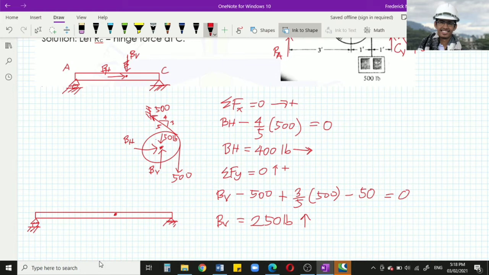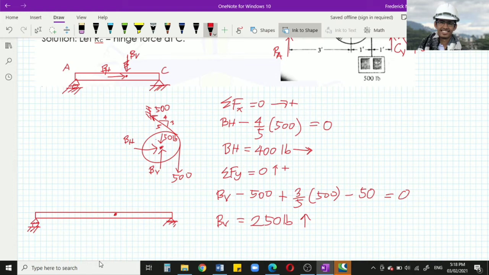So kapag nilipat natin yung force natin dito sa B, magbabaliktad yung ating direction. So kung yung BV, kasi yung pulley natin is nakapatong sa ating beam, di ba? So ibig sabihin, towards dun sa ating beam yung force ng B horizontal tsaka B vertical.